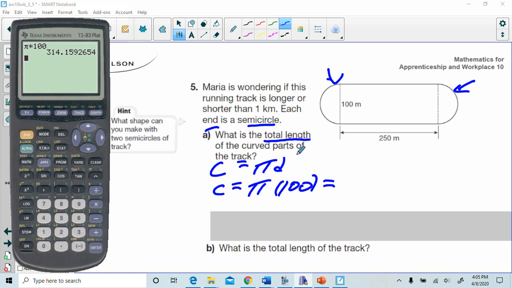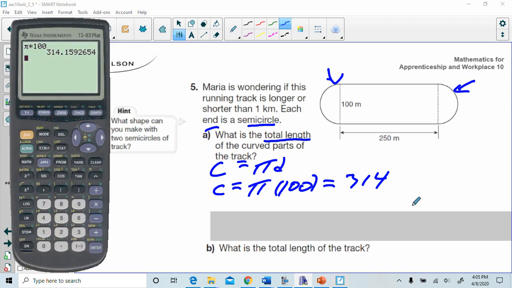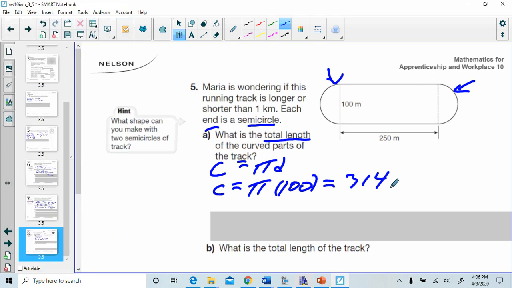If you were using just the 3.14, then it would just be 314. We just keep that number in mind. That was meters. If we round this to the nearest whole number, we'll say 314 meters, because we're going to be comparing it.